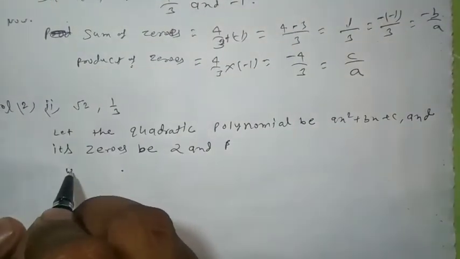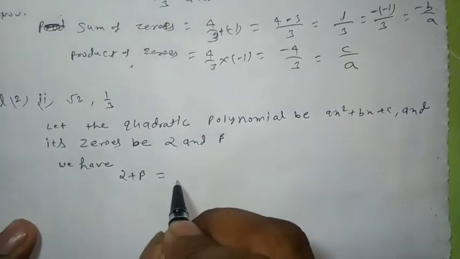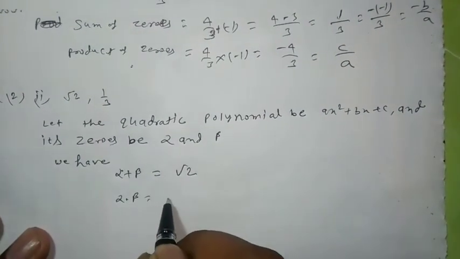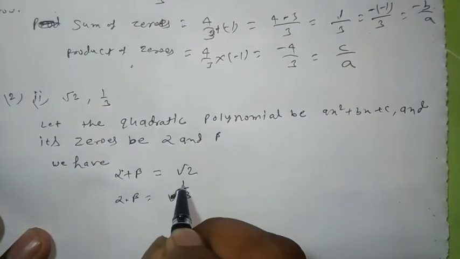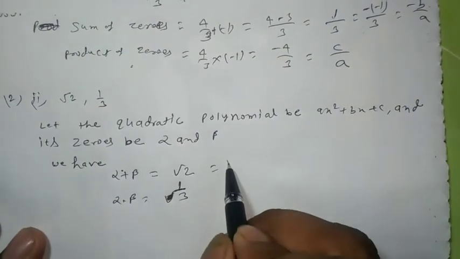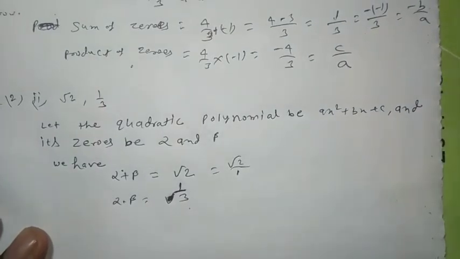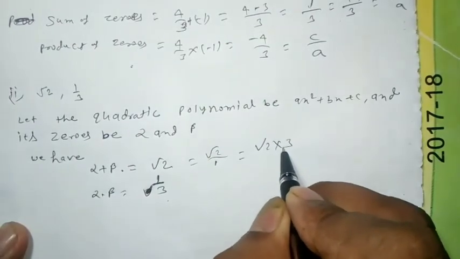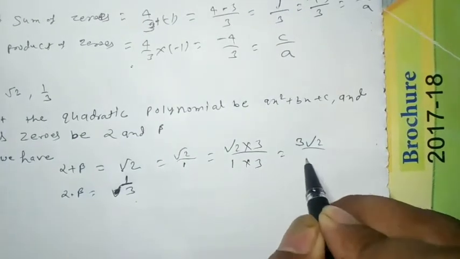Okay, we have alpha plus beta is equal to root 2, alpha into beta is equal to 1 by 3. Here the denominator is 1 and here the denominator is 3. So first we equalize the denominators, then we multiply 3 in numerator and denominator, so we get 3 root 2 by 3.